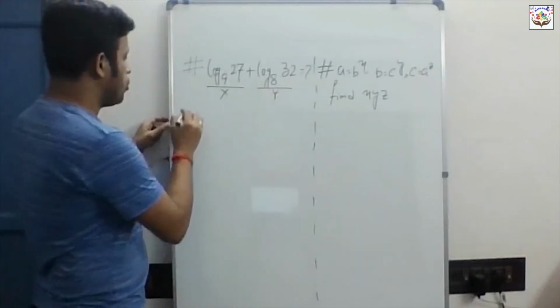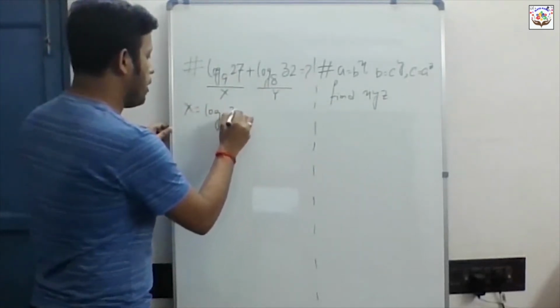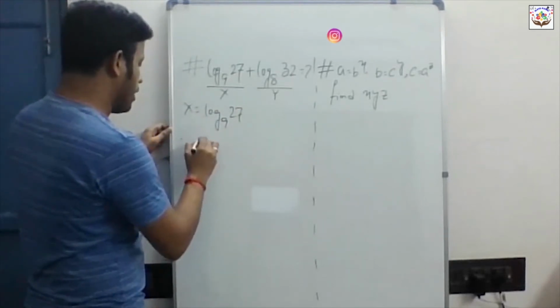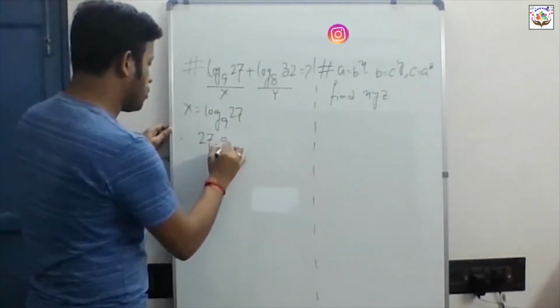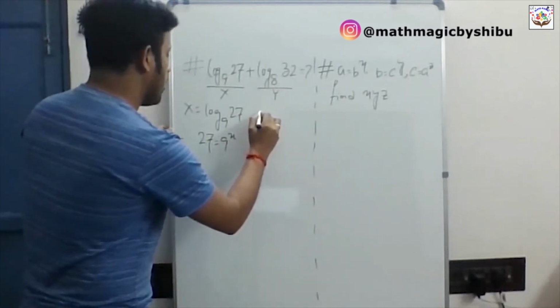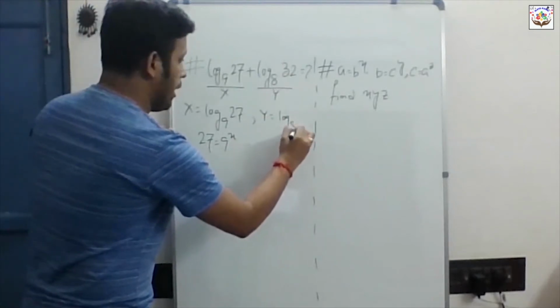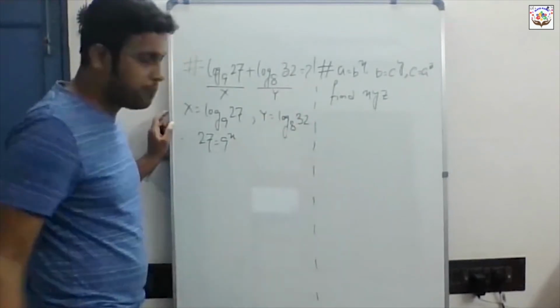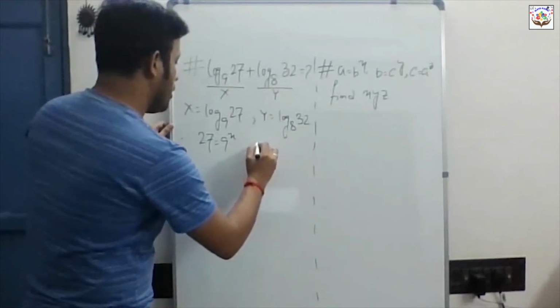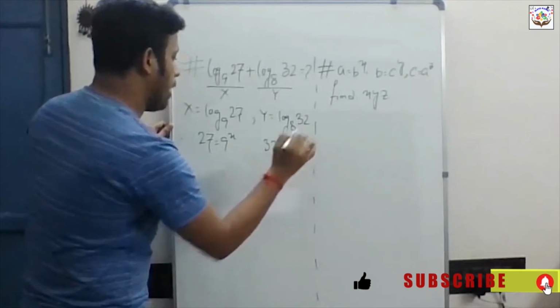If x equals log base 9 of 27, then we can write 27 equals 9 to the power x. Similarly, y equals log base 8 of 32, so we can write 32 equals 8 to the power y.